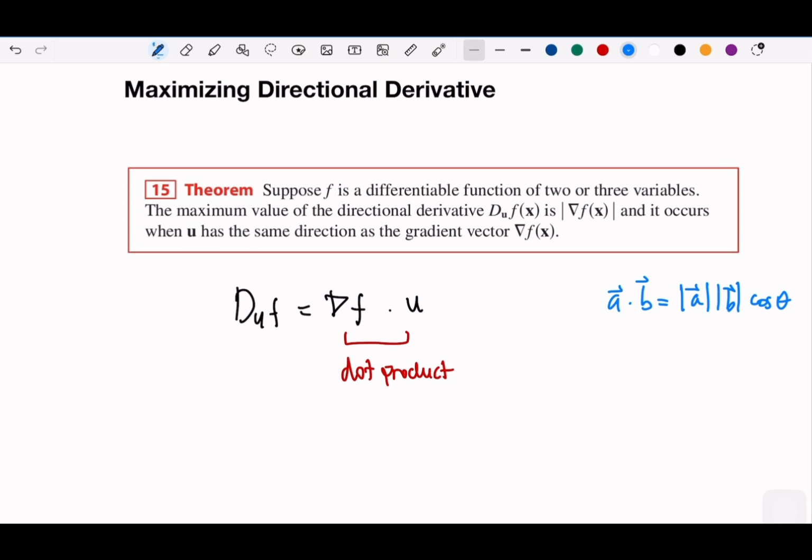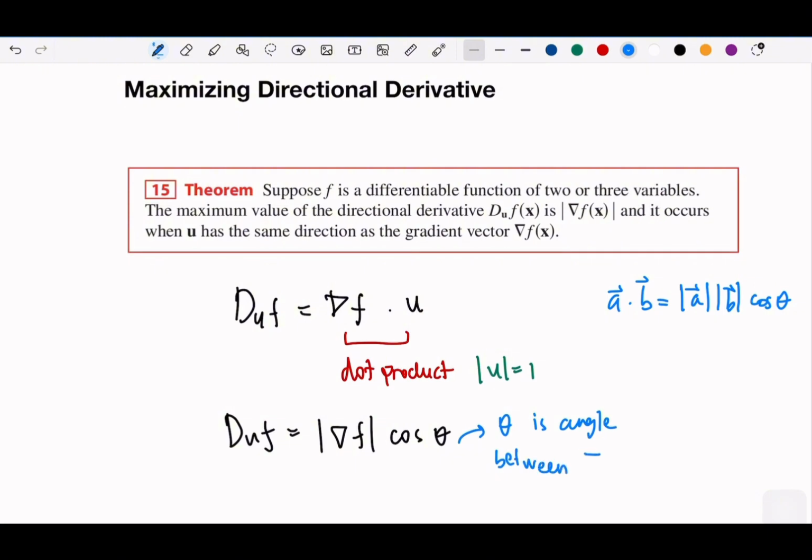Which means that since the unit vector's length is only 1, then we could write this through the definition of the dot product. Let me write here that this, where theta is the angle between the del and unit vector.